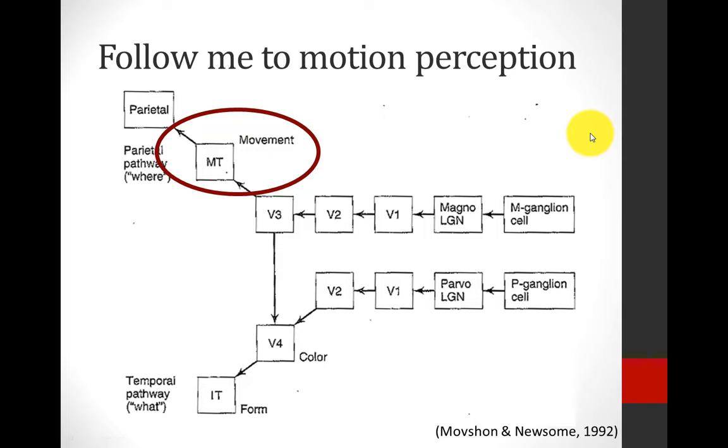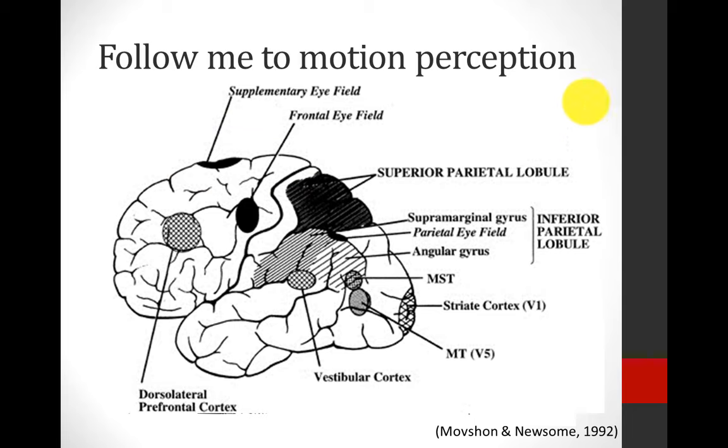If we actually look at it in an actual figure here, we're looking right here at area MT, V5, and you can see it here. It moves on up into the dorsal stream. But it's different than other extrastriate areas in that almost all neurons in MT are direction selective.